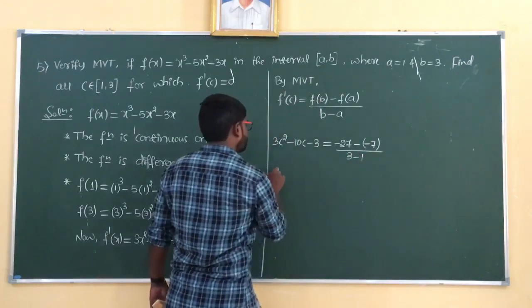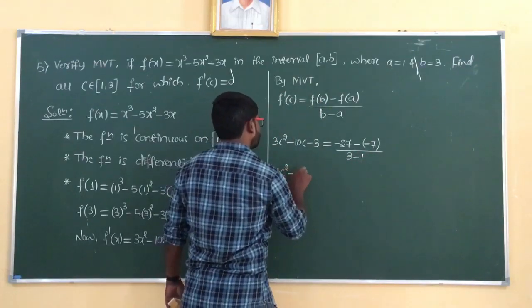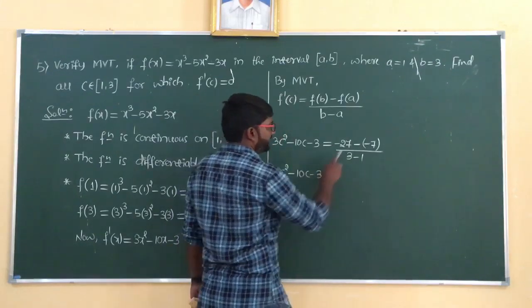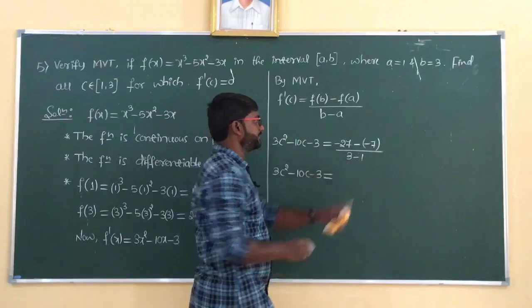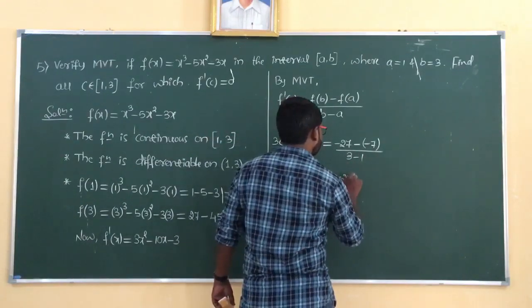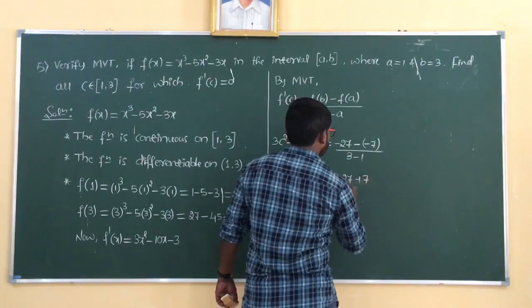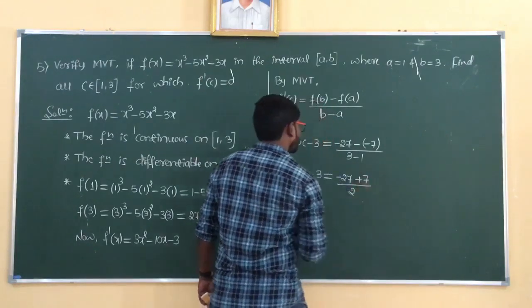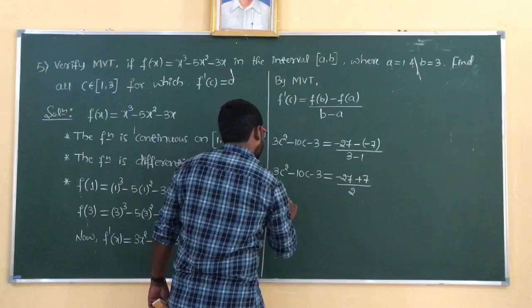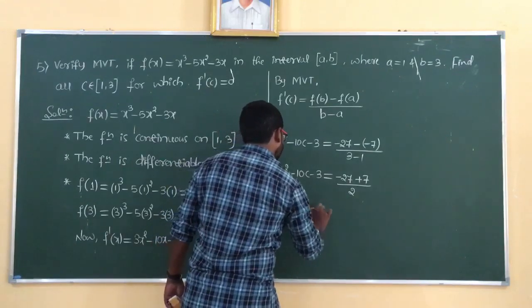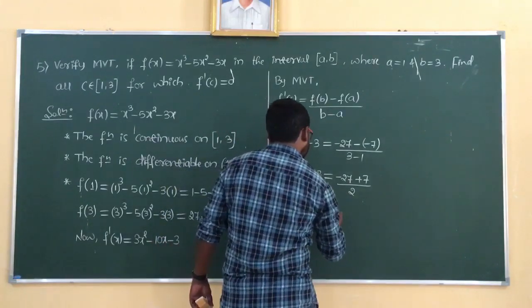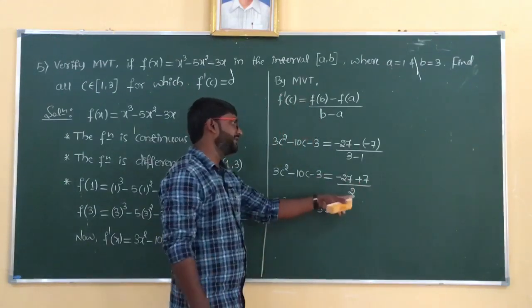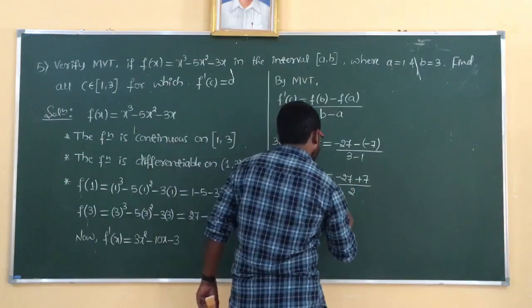So now 3c square minus 10c minus 3 is equal to minus 27 plus 7 divided by 3 minus 1, it is 2. So minus 27 plus 7 will be minus 20, minus 20 divided by 2 will be minus 10.